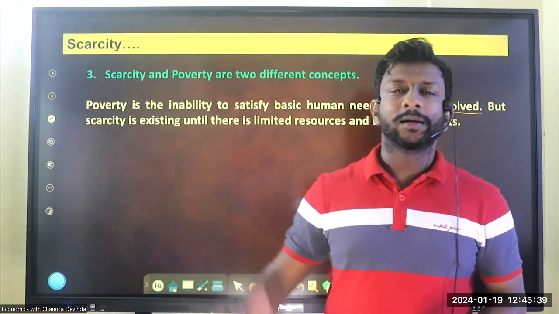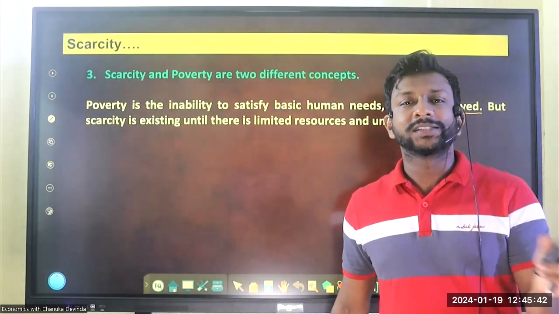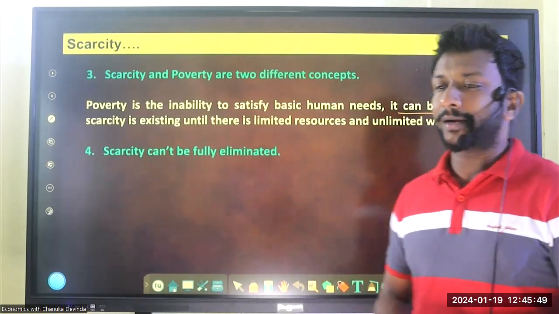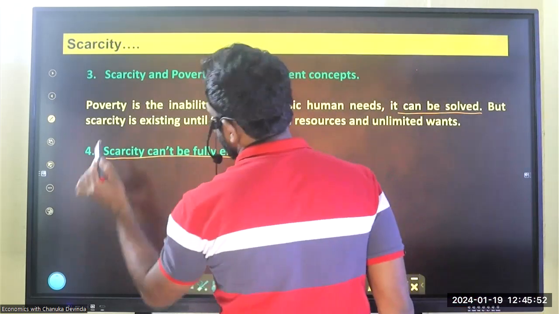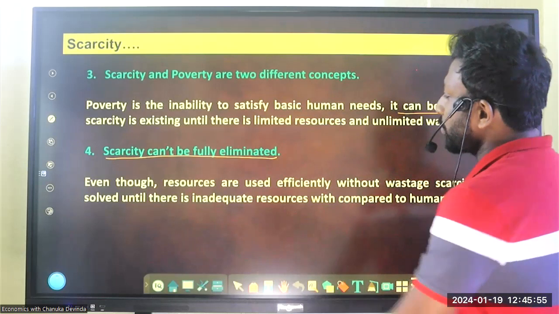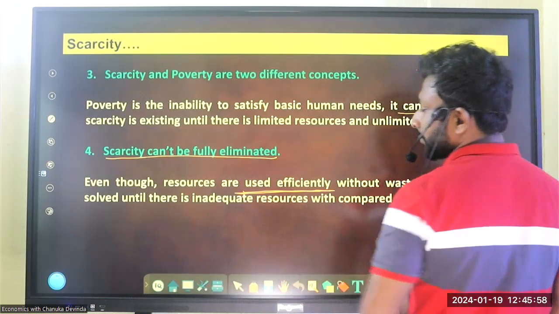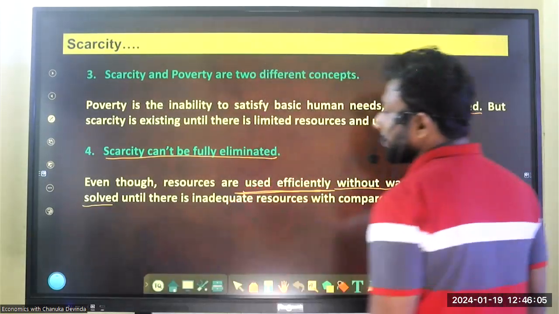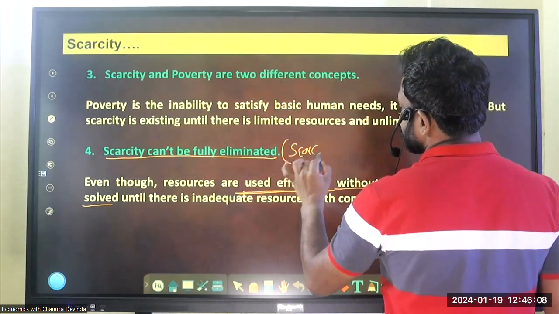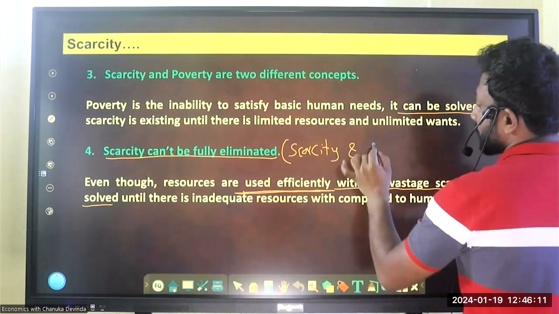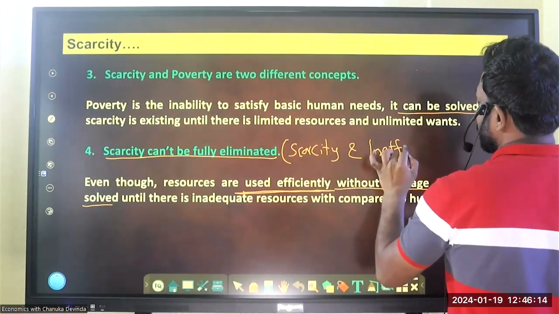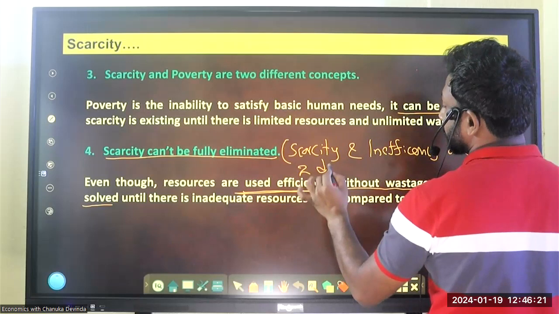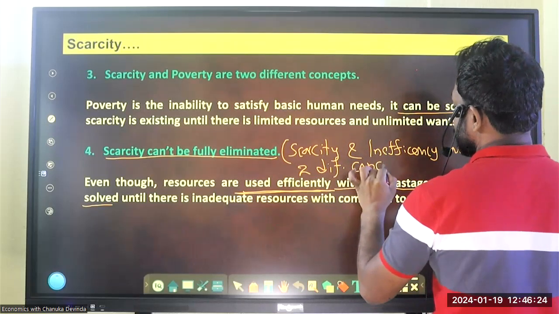It will be there until resources become unlimited. Next one. Scarcity cannot be fully eliminated, even though resources are used efficiently without wastage. That means scarcity and inefficiency are two different concepts.